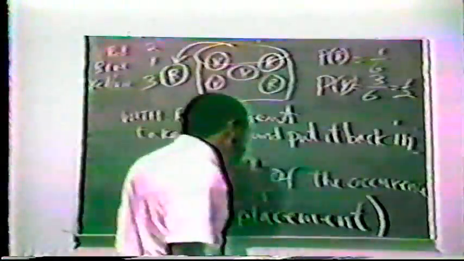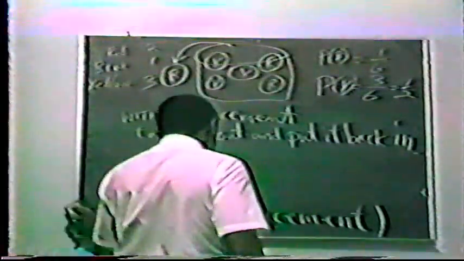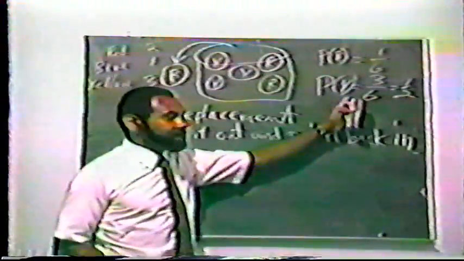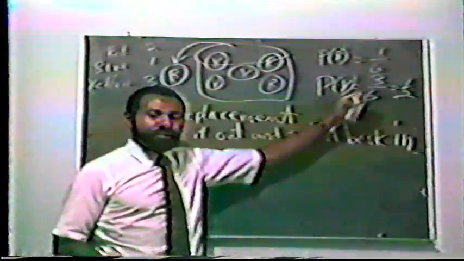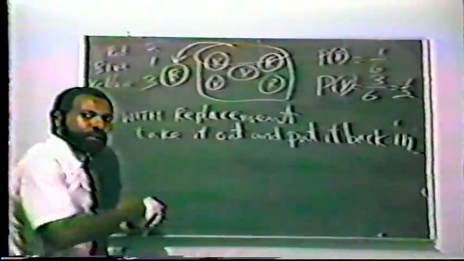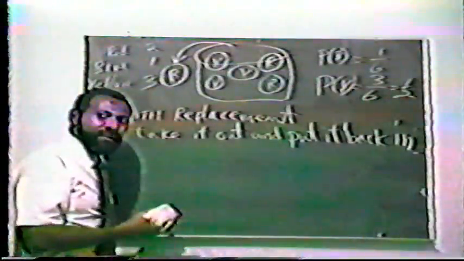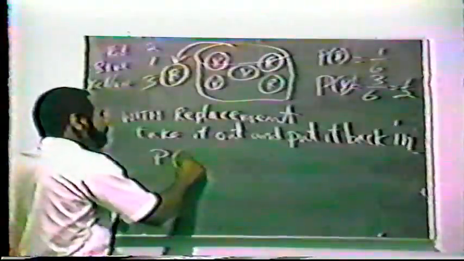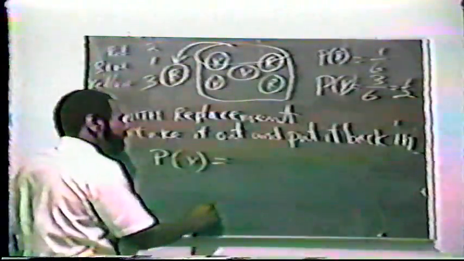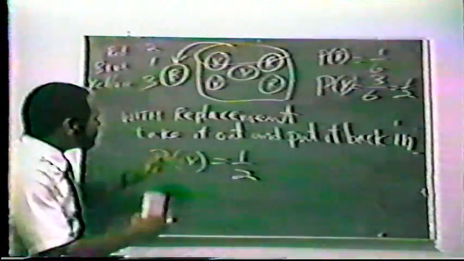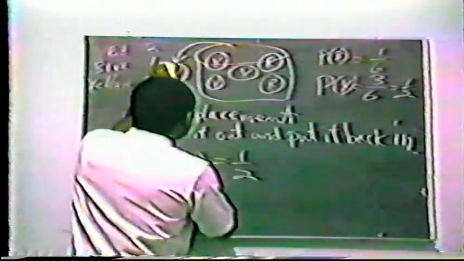So, since we take it out and put it back in, before we take it out, the probability of getting a yellow ball is 1/2. After we take it out, because we put it back in, because we have what we call with replacement, the probability of getting a yellow ball is also 1/2.